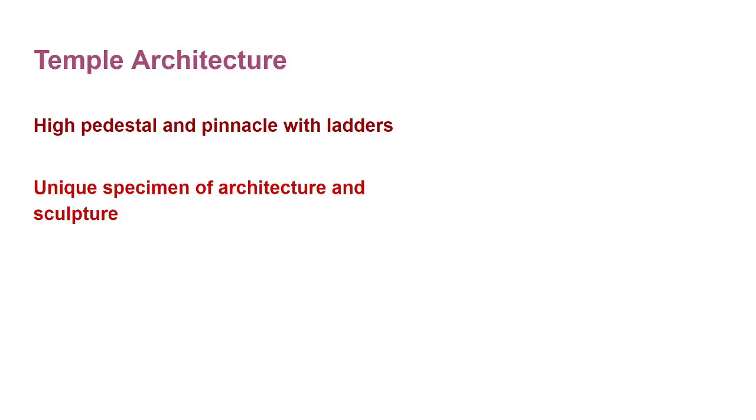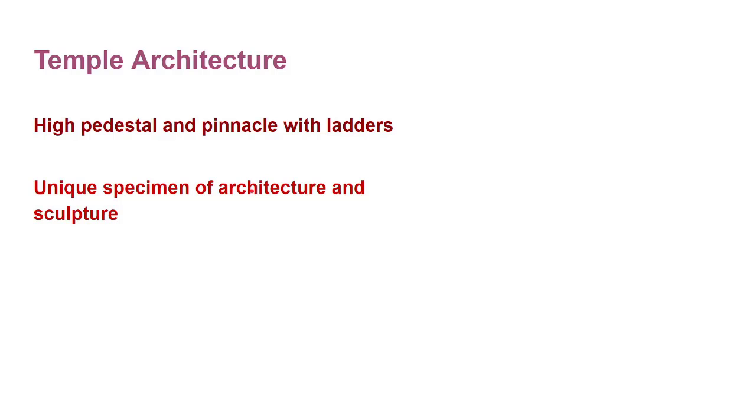The Bhumara Shiva temple near Jabalpur and temples of Larkhan in Bijapur district, the copper statue of Lord Buddha in Nalanda, and Jain temples of Mathura are unique specimens of architecture and sculpture.